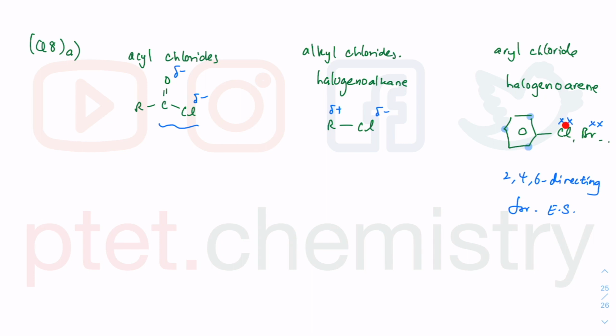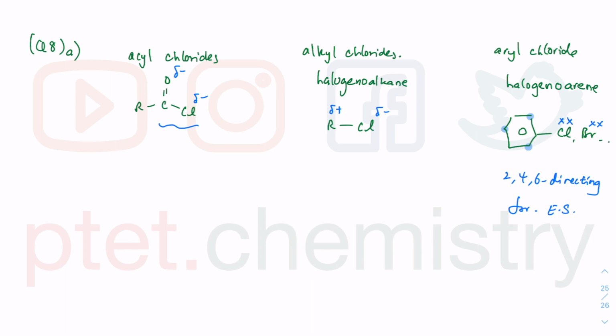That's because they actually donate the lone pair into the benzene ring despite it being electronegative. Because of the lone pair delocalization, they activate the same as the electron donating groups, meaning to say that this bond is actually much stronger than the single bond that you perceive it to be by looking at this diagram. Therefore, halogenoarene does not get hydrolyzed at all.